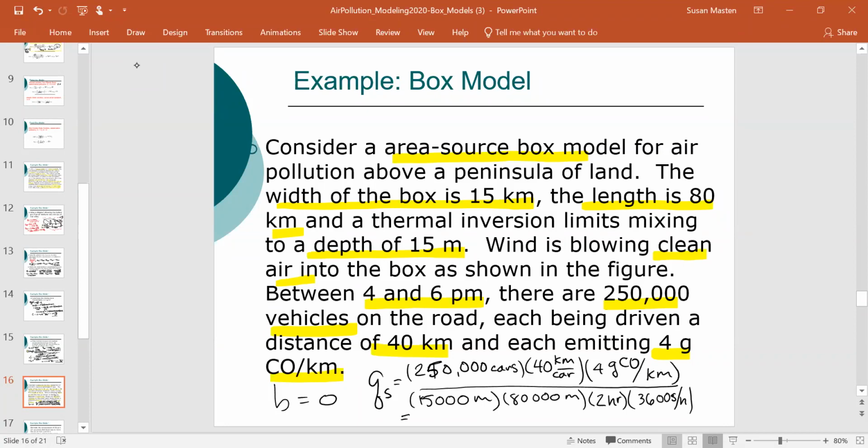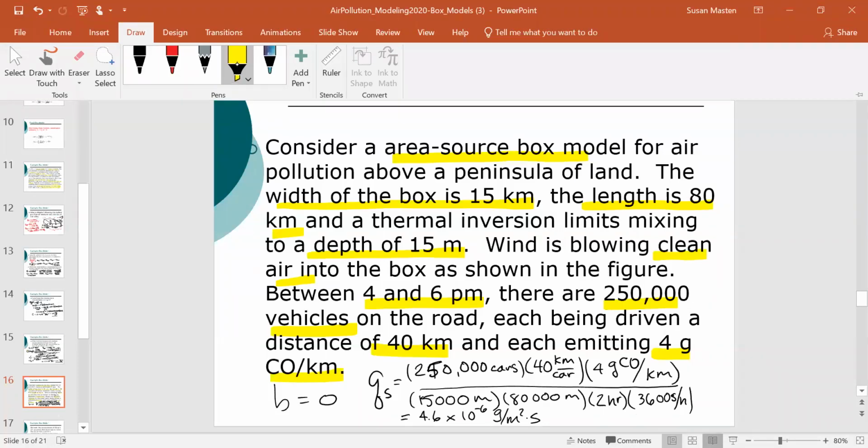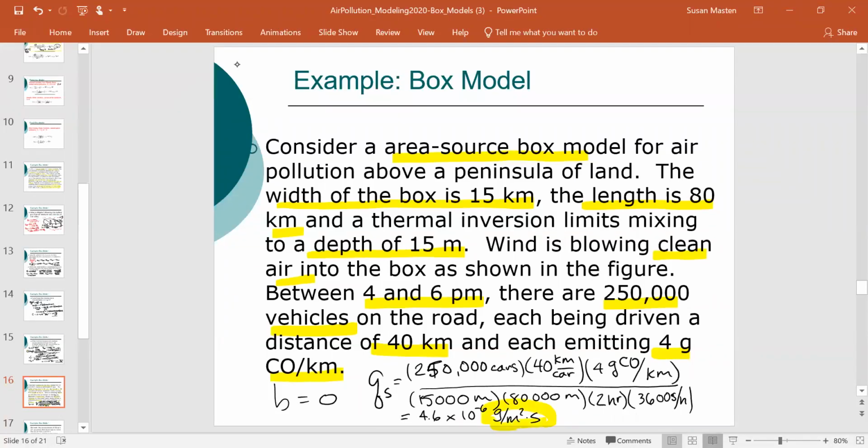So that is equal to 4.6 times 10 to the minus 6 grams per meter squared per second. So notice in this case, it's not grams per second, but it's grams per meter squared second.